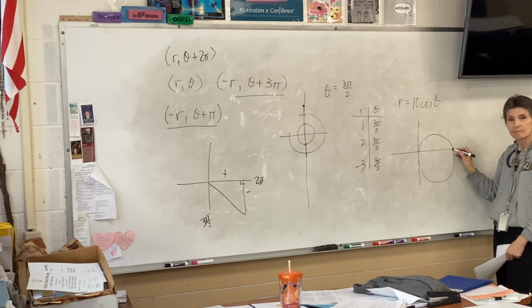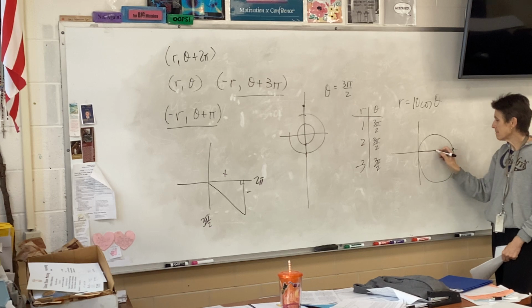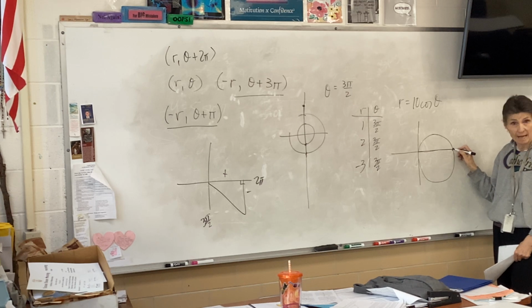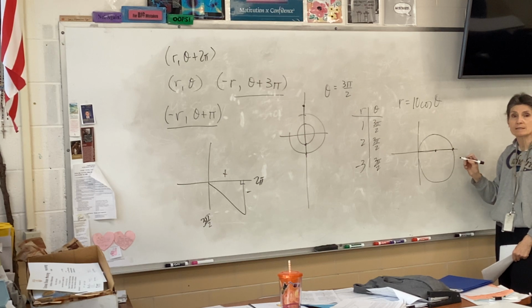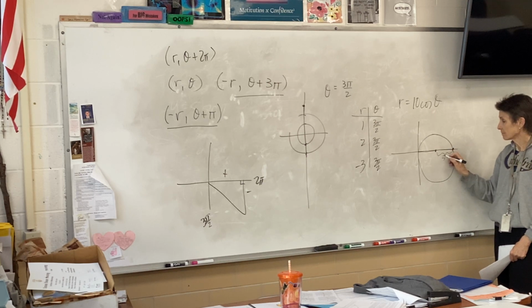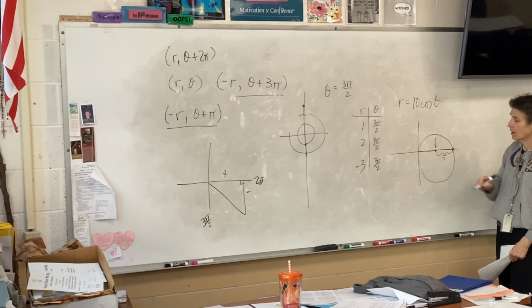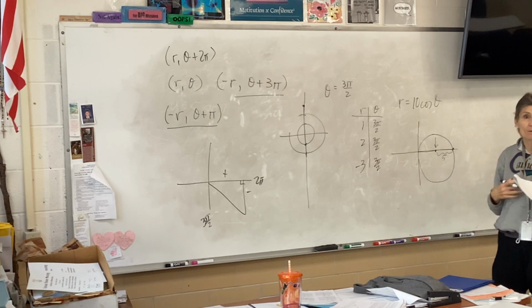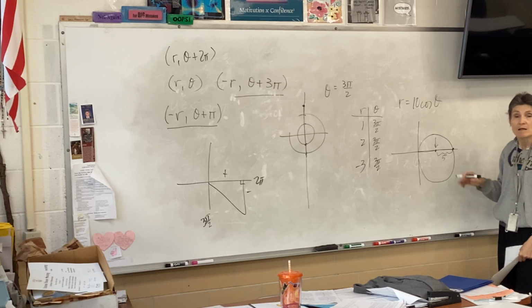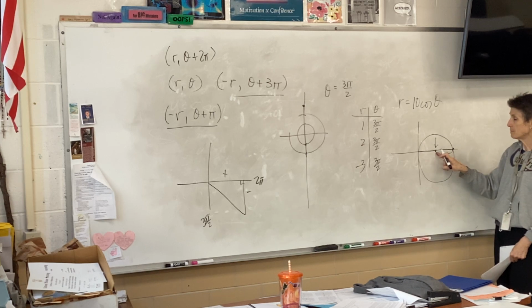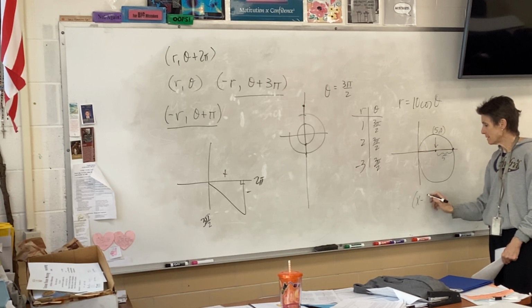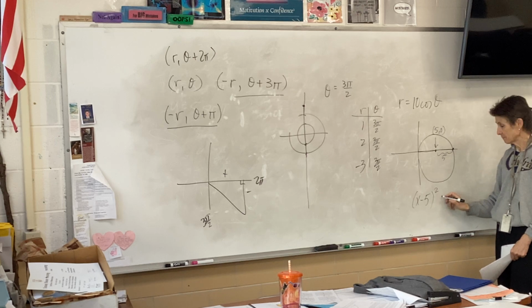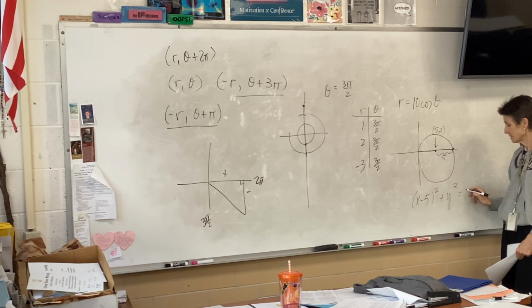This is the point 10. So the diameter of this circle is 10, which means the radius of the circle is 5. And the center of the circle, if I'm talking about it now in rectangular vocabulary, would be at (5, 0). So the equation of that circle would be (x - 5)² + y² = 25.